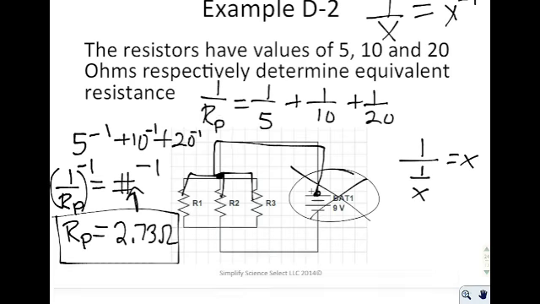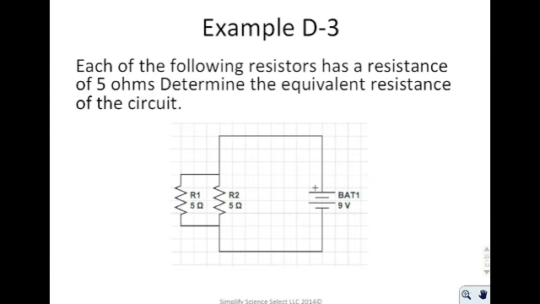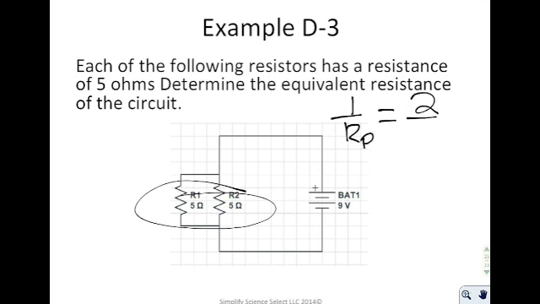Now, the last example, we're going to do it without the trick that we just showed you, because it's relatively simple. So you have two 5 ohm resistors that are wired in parallel. I want to find the equivalent resistance. I would say 1 over Rp is equal to 2 over 5. The reason why I know it's 2 over 5 is they're identical resistors. 1 over 5 plus 1 over 5 is equal to 2 over 5.